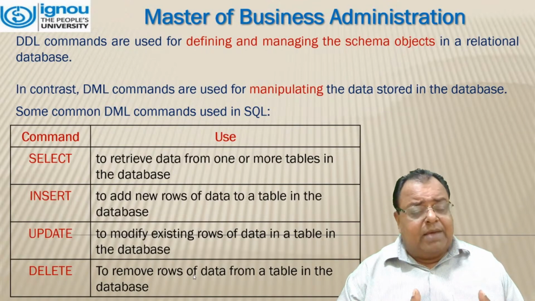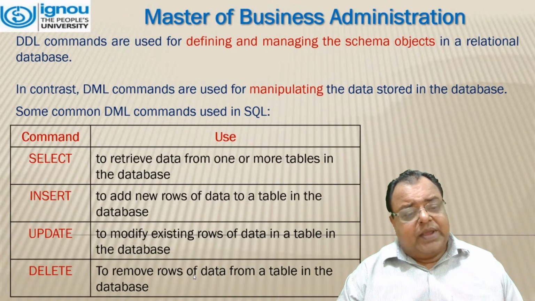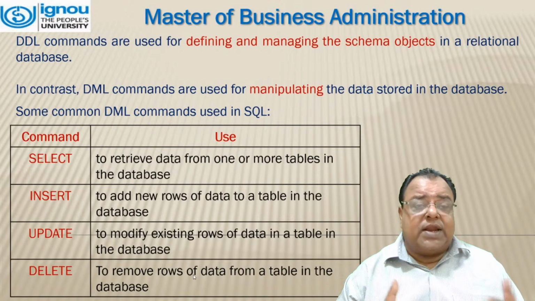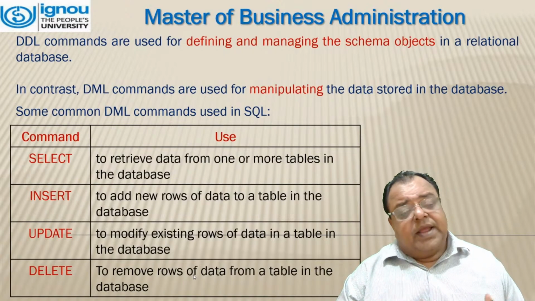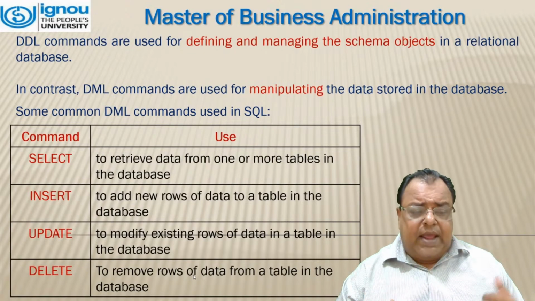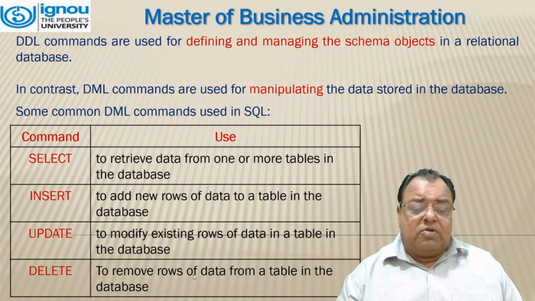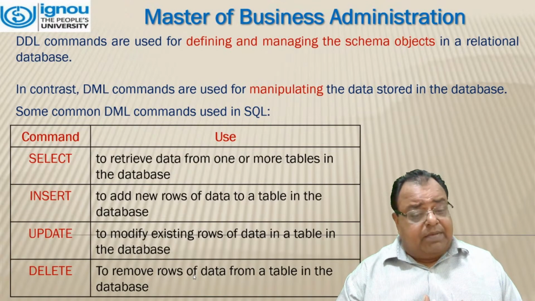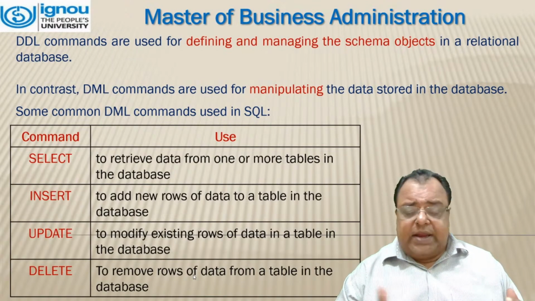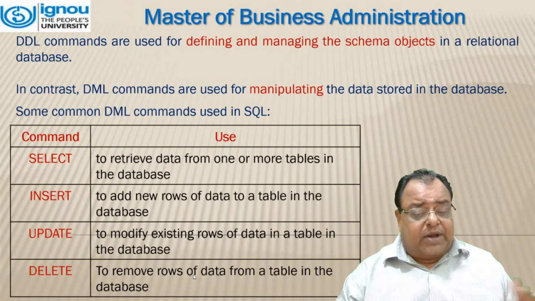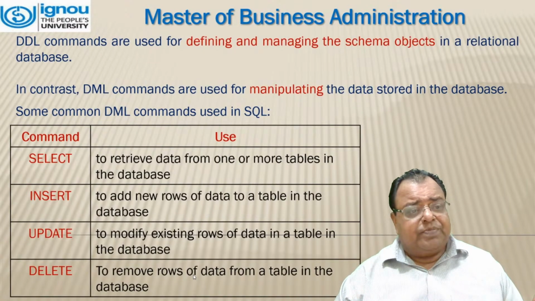Some of the DML commands are: select, which is used to retrieve data from one or more tables in the database. Insert is to add new rows of data to a table in the database. Update is to modify existing rows of data in the table. Delete is to remove rows of data from the table in the database.